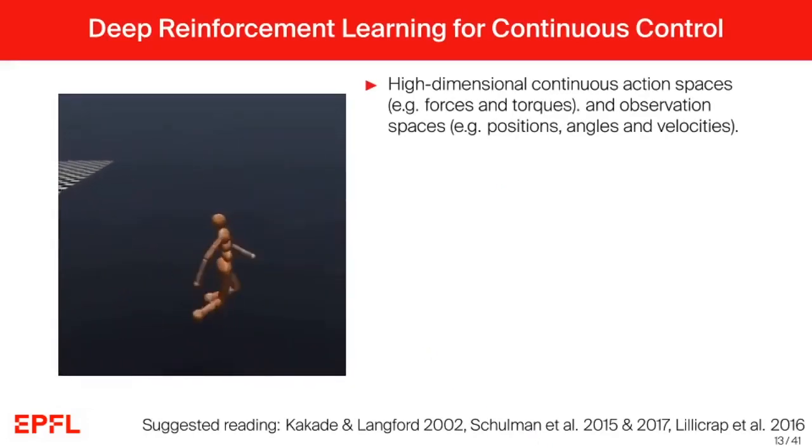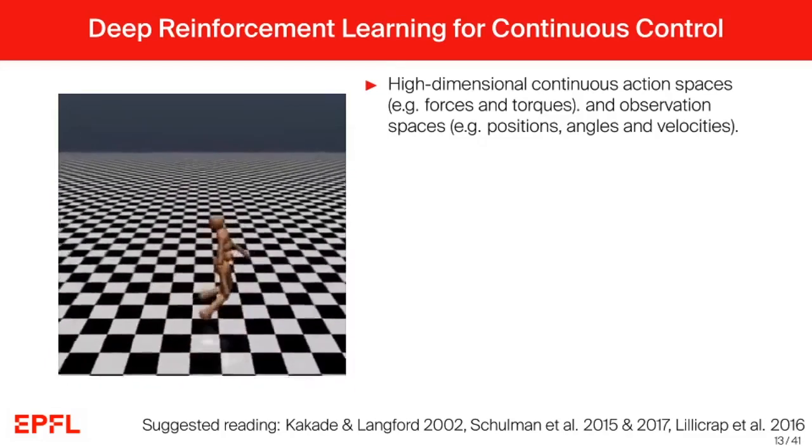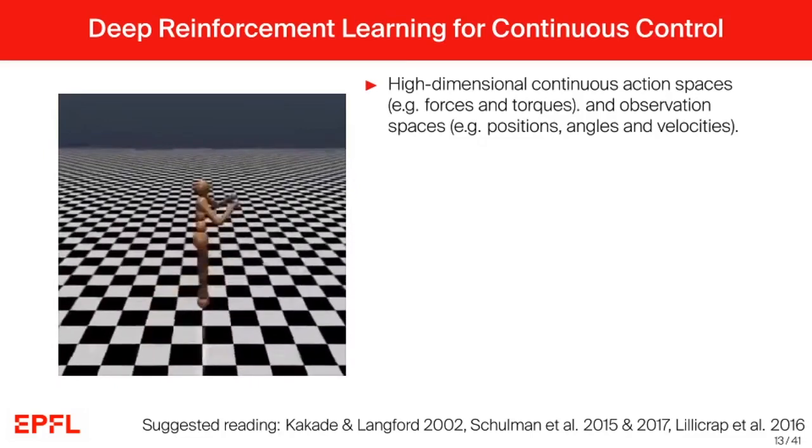In this video, you see a simulated humanoid in the MuJoCo robotics environment. A reinforcement learning algorithm was trained to move the joints of this simulated robot such that it would move as fast forward as possible.